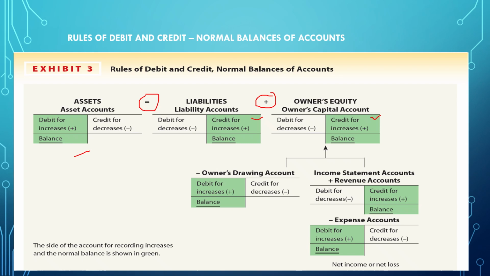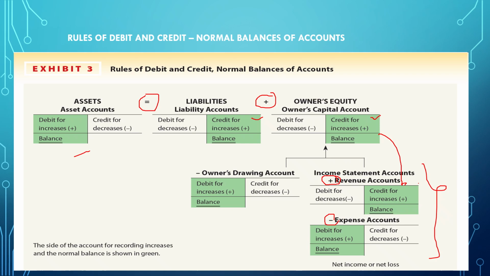Okay? Now another here, we have the income statement accounts, the revenue and expense accounts, which affect the owner's equity. So we know that again, this revenue is an increase to our owner's equity account. So they fall on the same side. And the expense is a decrease to our owner's equity account.